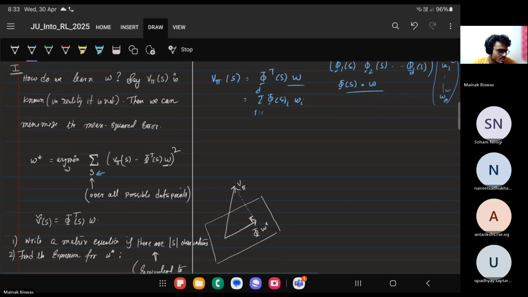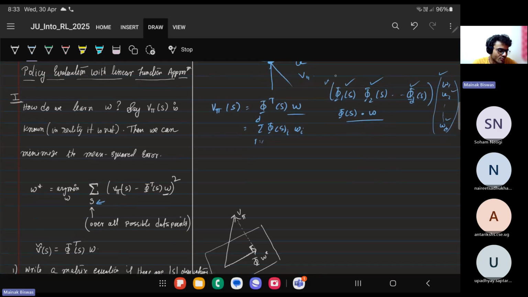Again, this is the linear combination of these W's. Now currently we'll be given a lot of states, say S1, S2, up to Sn states. So here this matrix is an n cross D matrix. Do you agree?